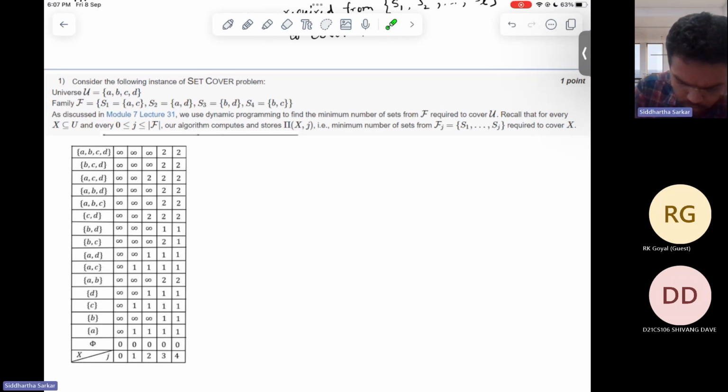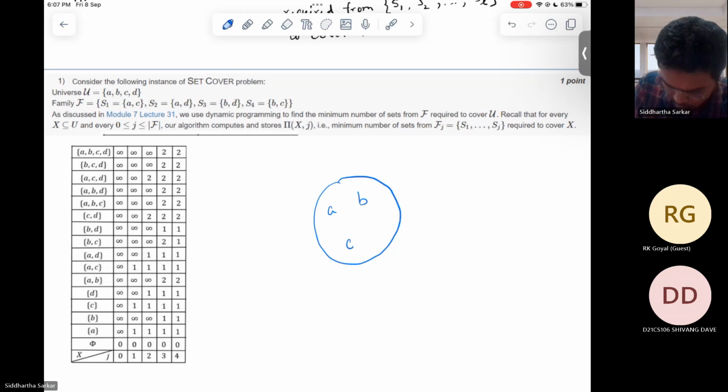Your universe is a set of four elements, A, B, C, D. And you have some subsets formed out of the universe.